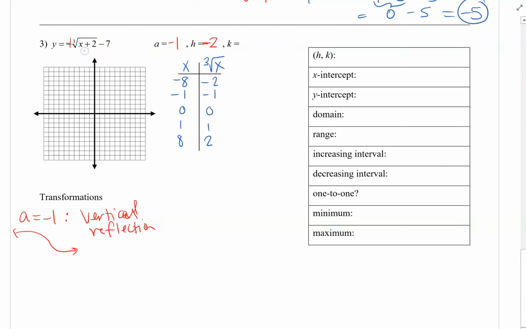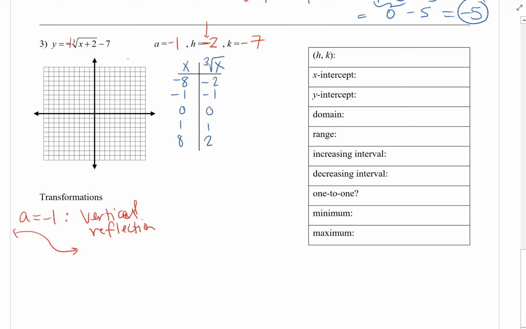Because remember, in the hk form, it comes after a negative, so this would have really been x minus -2 minus 7, right? And then that's how it became positive, because I was subtracting a negative, so h is negative. Meanwhile, the k is just -7 because it's whatever is being added or subtracted after the cube root.